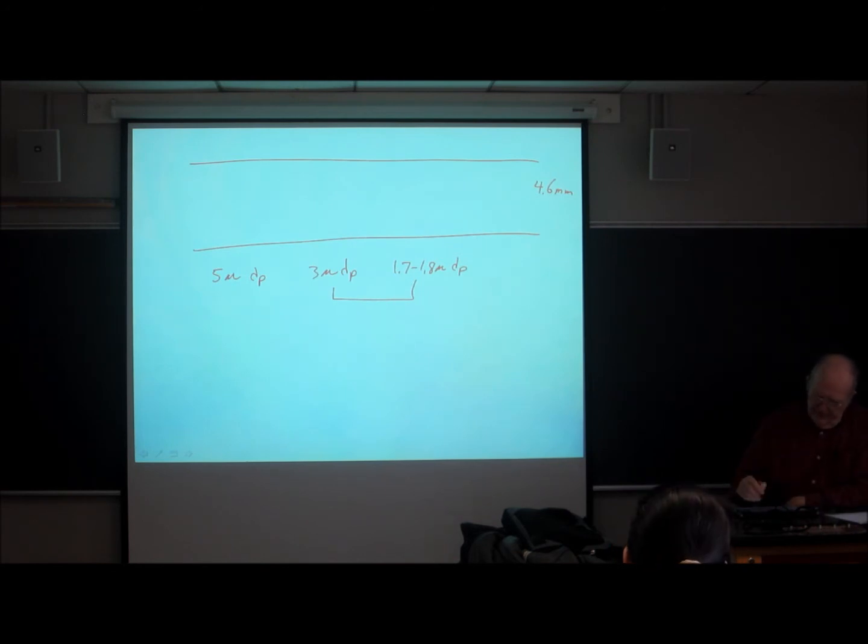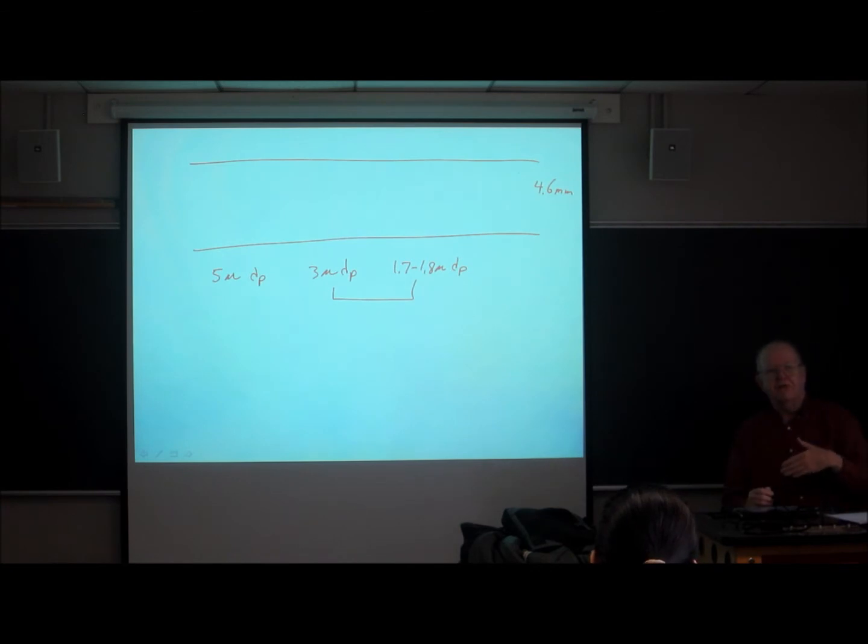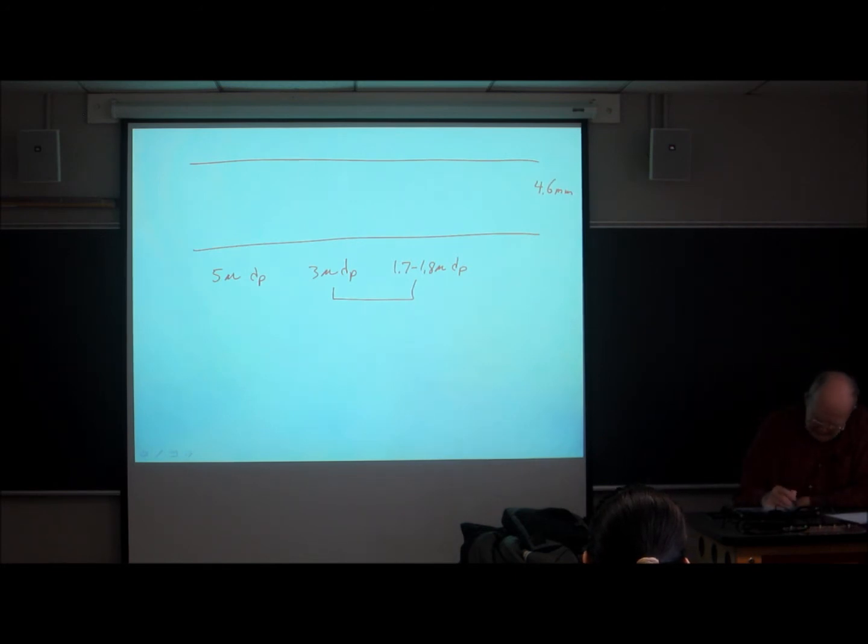So the column is packed with these small particles. That means there's several thousand particles across the ID. So what I draw here is a ridiculous representation of what's really there. But we've got tightly packed particles.